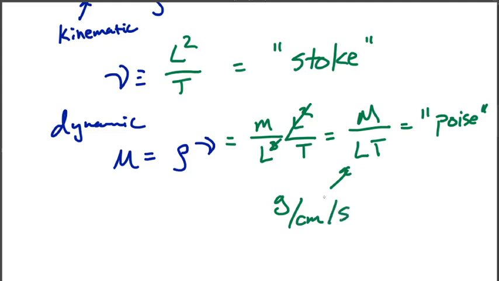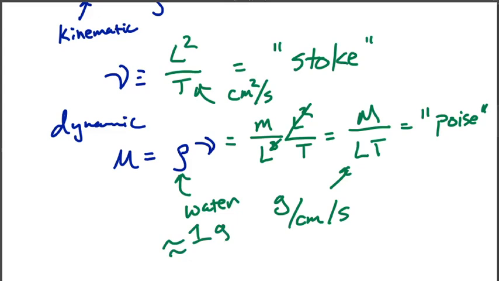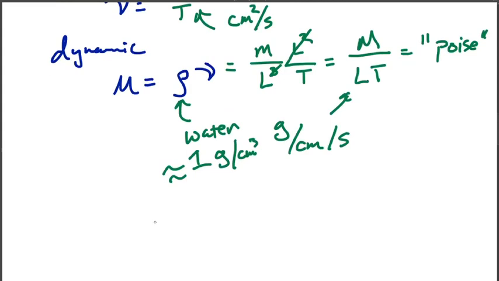And you'll look at this and you'll be like, wait a second, I want something I can make quick dimensional analyses from, something like a centimeter squared per second. How do I link the two together? Well, the two are linked together by knowing the density of the system you're looking at. And luckily for water, the density tends to be very near 1 gram per cubic centimeter. And so for water, mu and nu are roughly equal to each other in numeric magnitude under typical conditions.